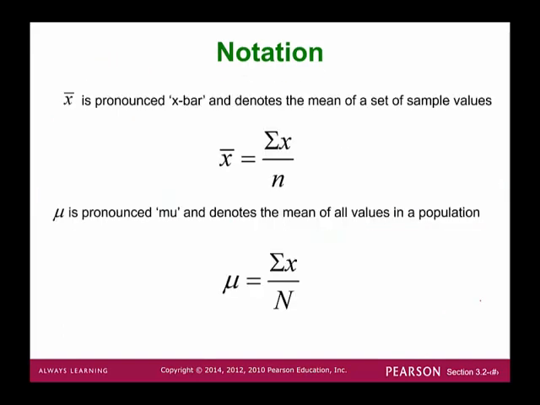Okay, so now first of all, let's take a look at sample mean. Sample mean is equal to summation of x, so sum up all the data values in your sample and divide by the sample size. And mu is what we call the population mean. This is population mean. This is sample mean.